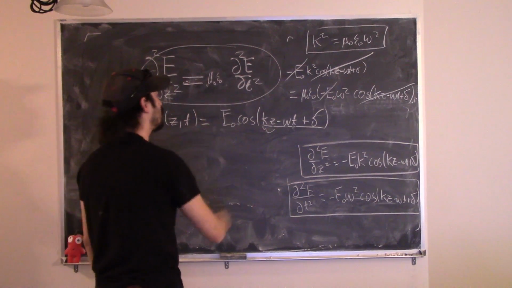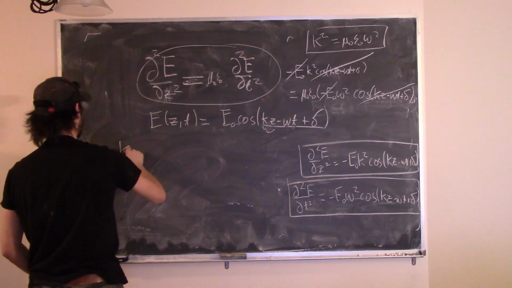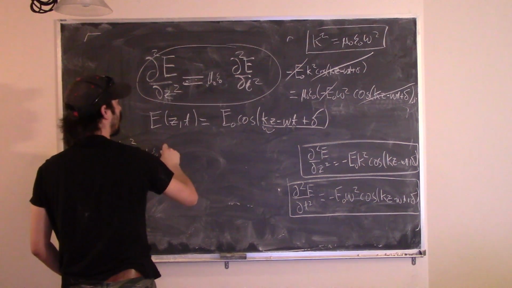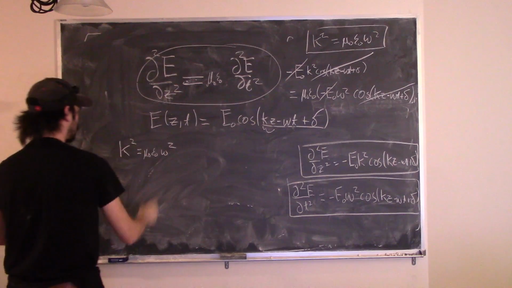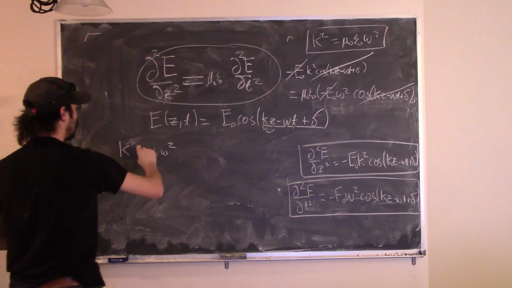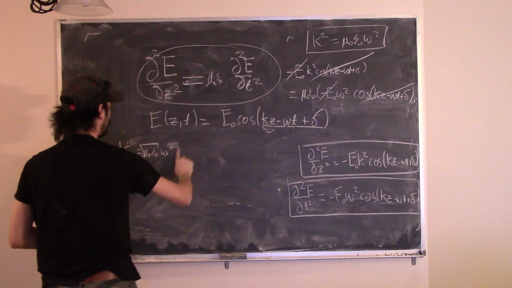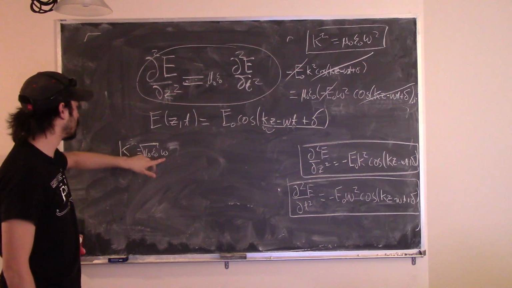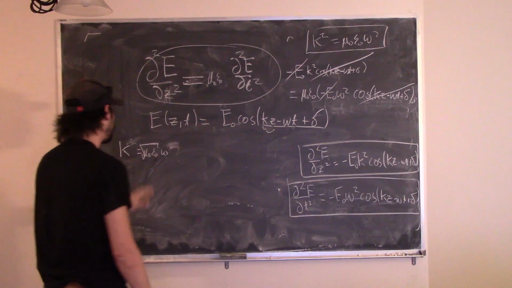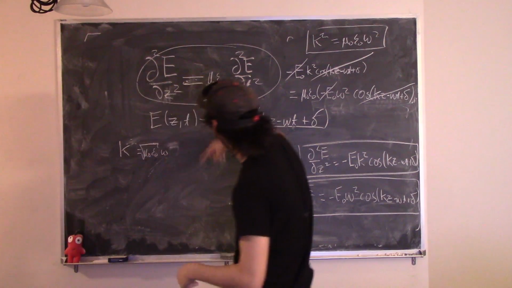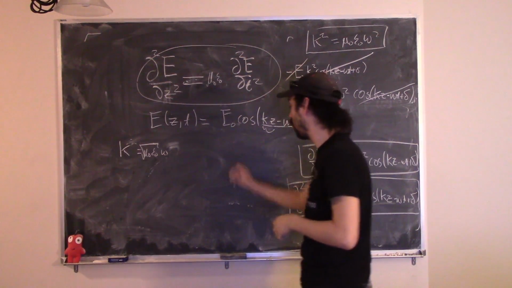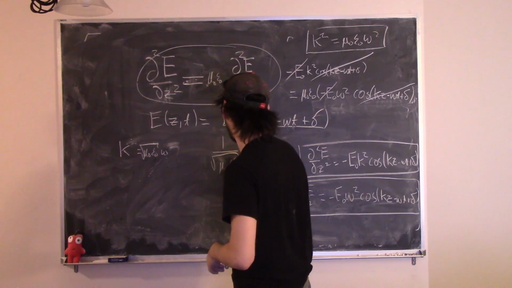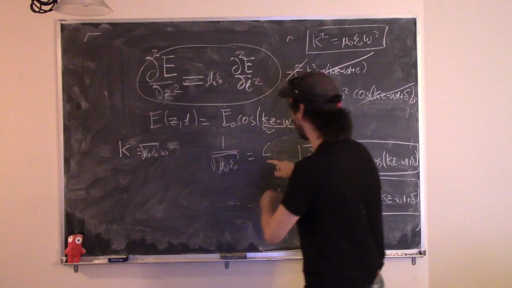And so, if I write k squared is equal to mu 0 epsilon naught omega squared, let's take a square root to bring this around. So k is equal to root mu 0 epsilon 0 times omega. We also know from something I said in the notes that 1 over square root mu 0 epsilon 0 is the speed of light.